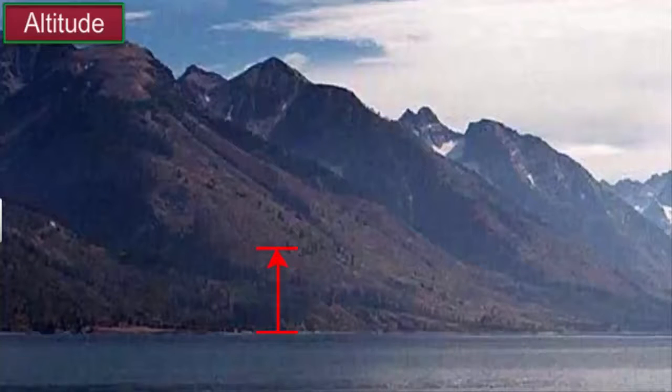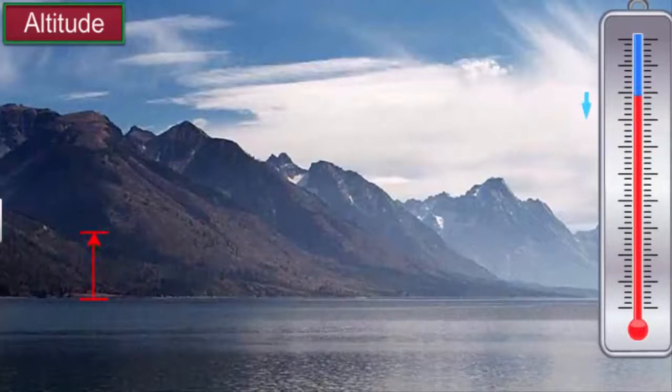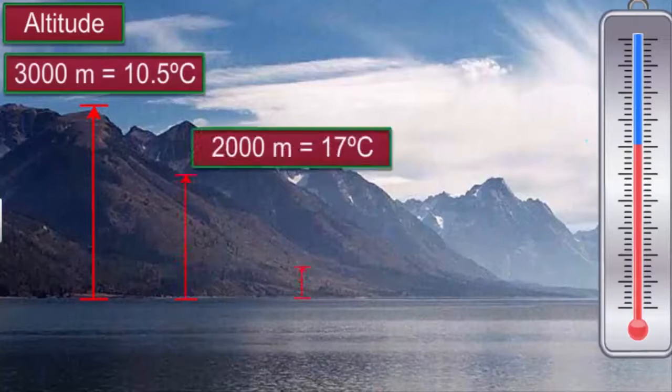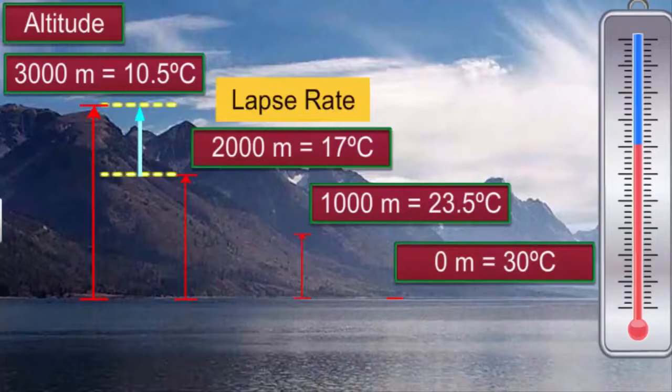Altitude is another factor that controls the climate of a place. The higher one travels into the troposphere, the lower the temperature becomes. The rate at which the temperature drops is known as the lapse rate.